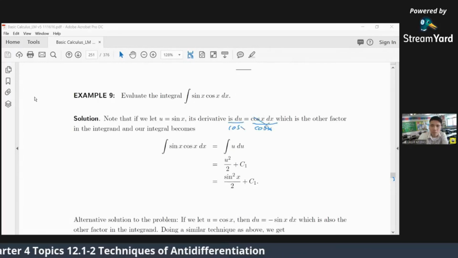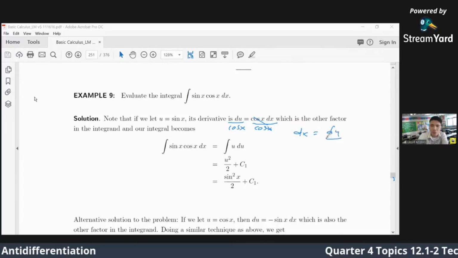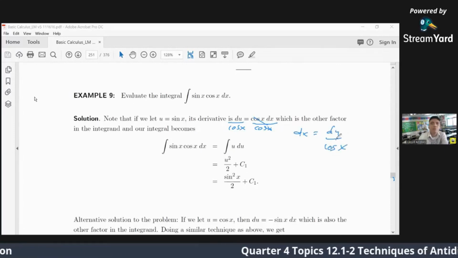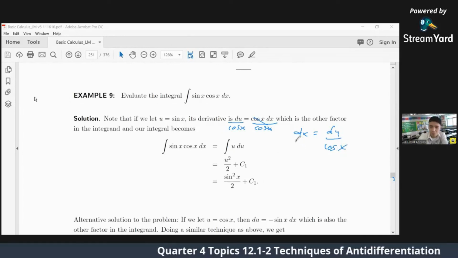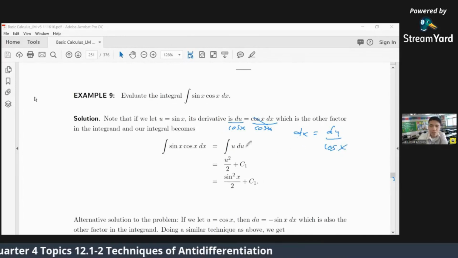Kaya dx is equivalent to du over cosine x. Kana. And then, substitute na ta.